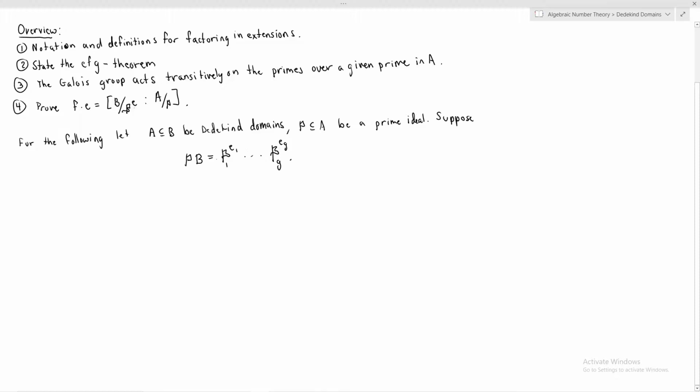These are distinct primes, and the Ei are integers, I guess non-negative integers, or positive integers.